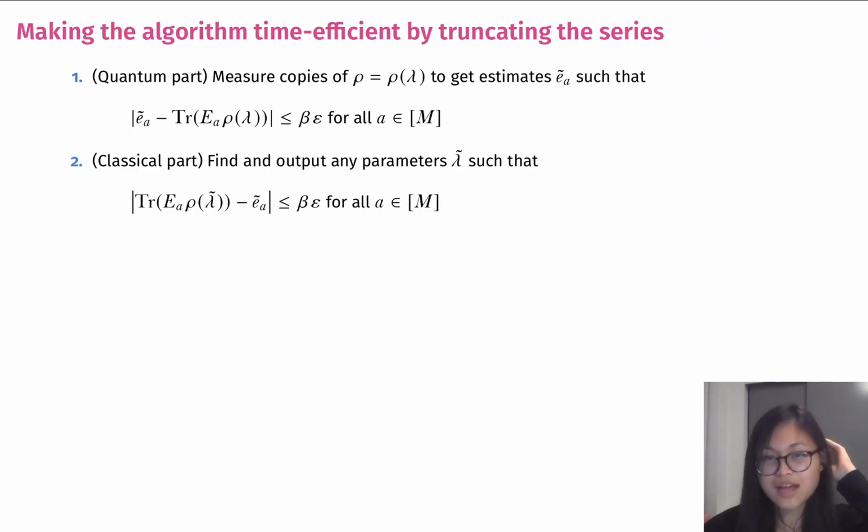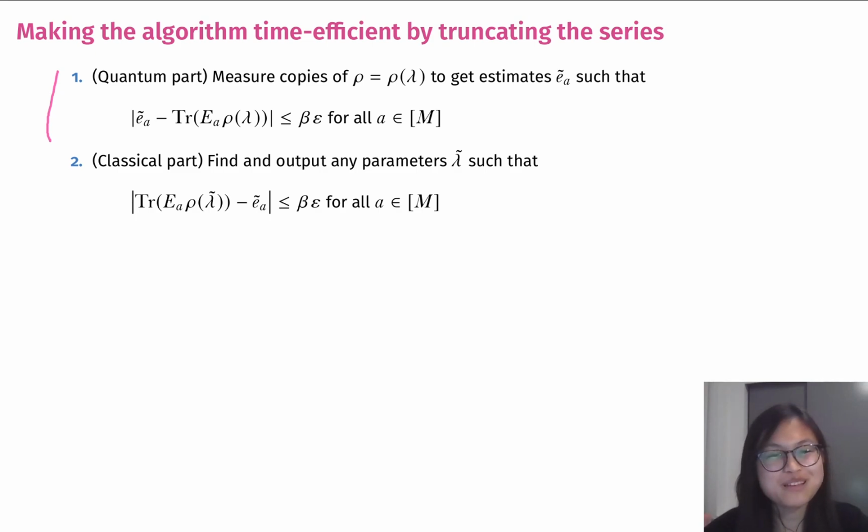Right. Now we have our sample complexity bound. Now how can we make it time efficient? The way that we do this is by going back to the algorithm that I mentioned before, which I argued worked information theoretically. To make it work time efficiently, I already argued previously that this quantum piece could be done efficiently.